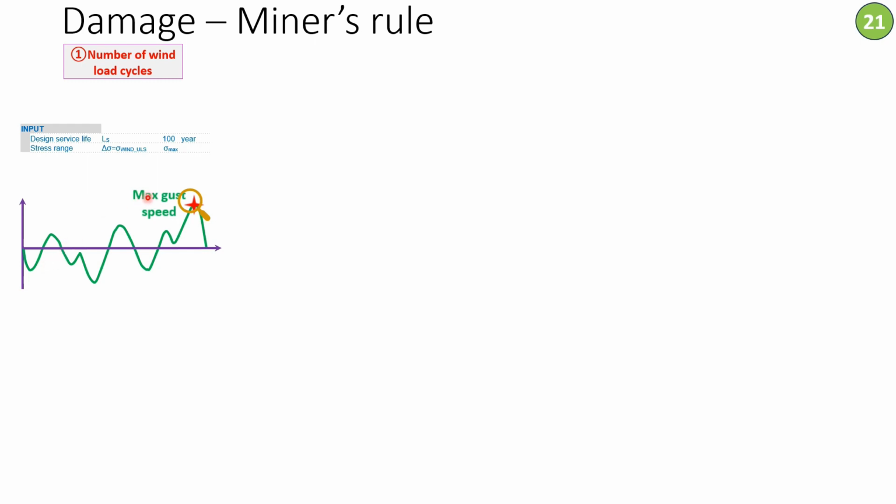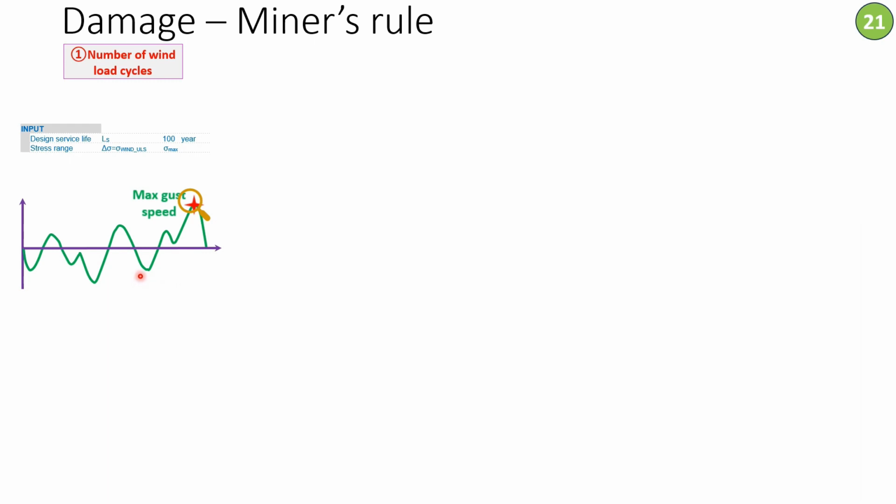The structure will be subjected to the maximum wind gust once in its lifetime, and throughout its lifetime it is going to be subjected to different levels of wind pressure that change from 0 all the way to the maximum wind gust pressure.